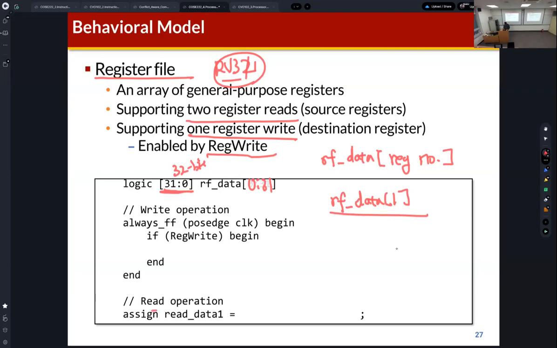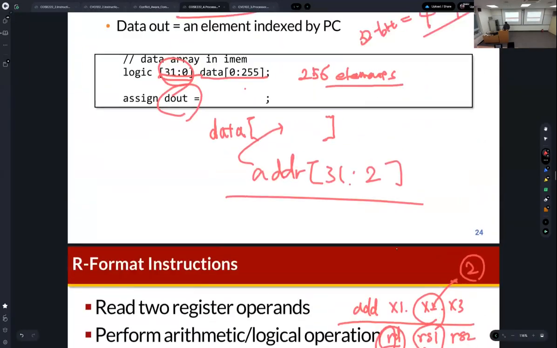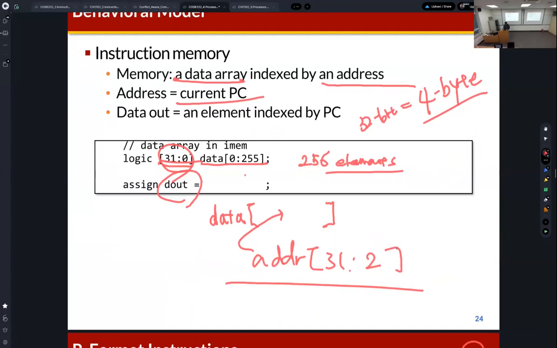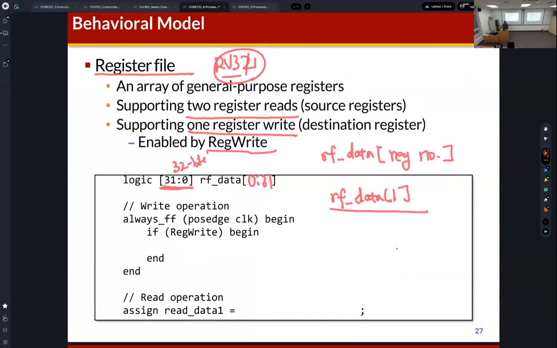Actually, the read operation is the same as the memory: the corresponding data element is indexed by address, and in the register file, we can use the register number as an index.